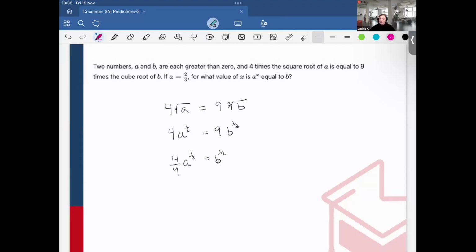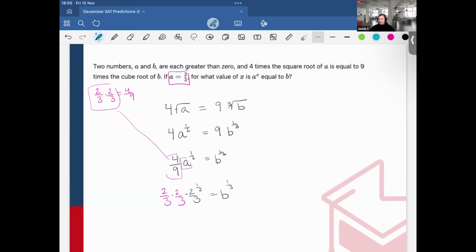And here, interesting that 4/9 is equal to 2/3 times 2/3. So I can re-express this as 2/3 times 2/3, and then a, so I'm going to put that as 2/3 raised to 1/2 is equal to b to the 1/3.